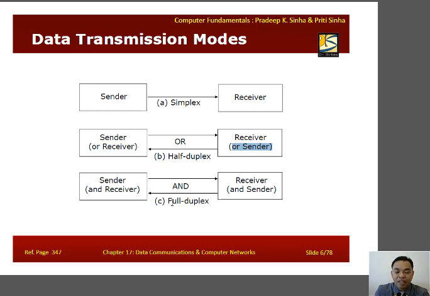Take note of that. And we have here full duplex. Both ends could be a sender and receiver, but the difference is that both of them can send a message anytime. So the message will be transmitted both ways, in parallel.